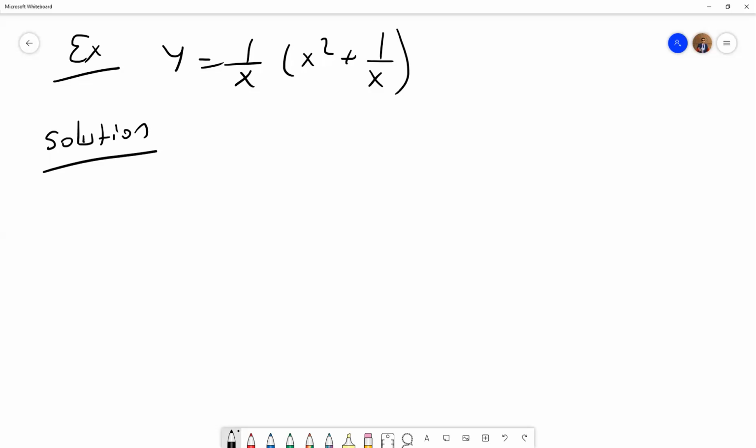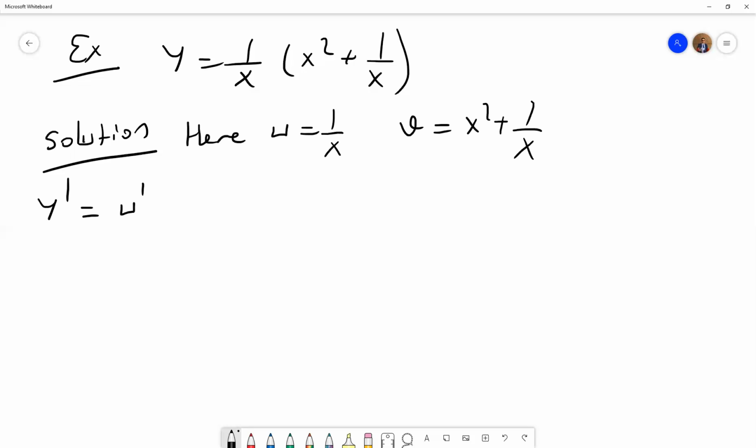Here we have u is equal to 1 over x, and v is equal to x squared plus 1 over x. So if you want to find the derivative of y, we have to find u prime, meaning the derivative of u, multiplied by v, plus u multiplied by the derivative of v with respect to x.